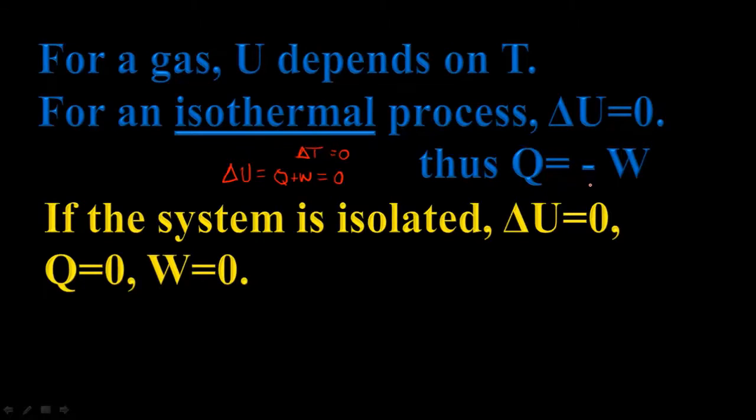Okay? So if the system is isolated, meaning it's not in contact with any outside systems, the change in internal energy is 0. The heat added is 0 because, like I said, it's not in contact with anything. So therefore, it cannot do any work and no work can be done on it. Okay, that's what happens when you have an isolated system. Nothing.